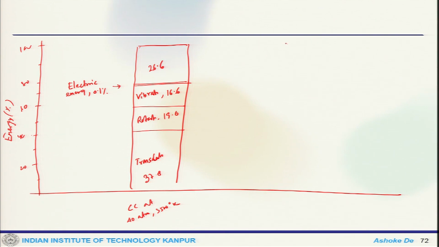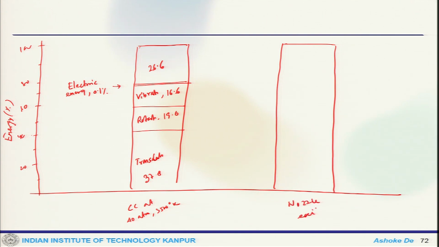Now we can look at the nozzle exit and get a block like that. This is the nozzle exit, which is 1 atm and 2500 degrees Kelvin. So somewhere this is here, then this is here, this is here. This is 46.4. This is my translation, which is 22.